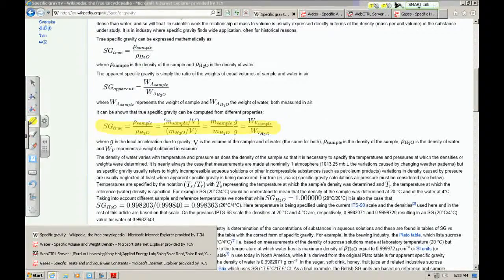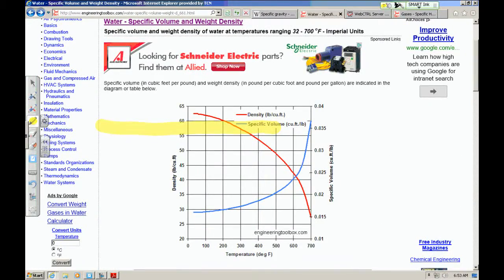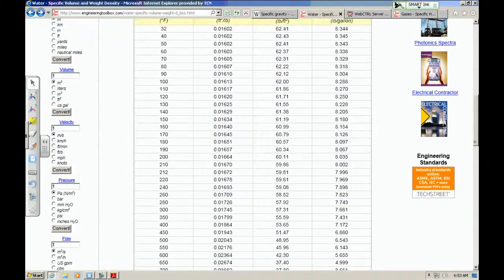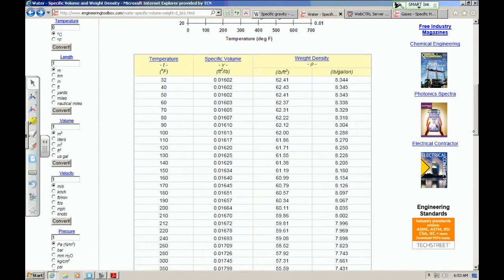Well, this website allows us weight density in pounds per cubic foot or pounds per gallon.